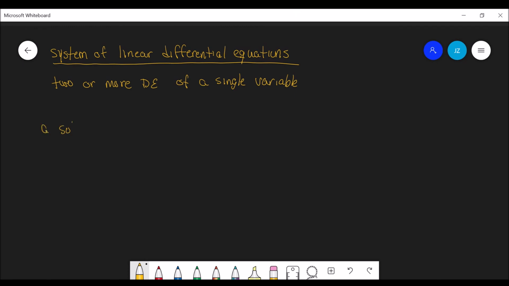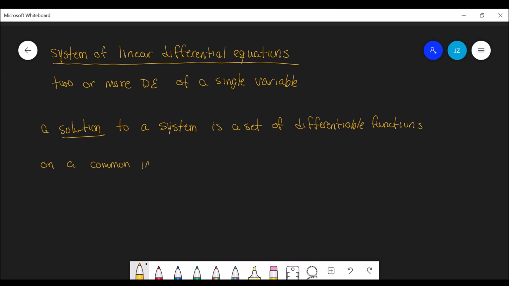So a solution to a system is a set of differentiable functions on a common interval I that satisfy each equation of the system simultaneously.